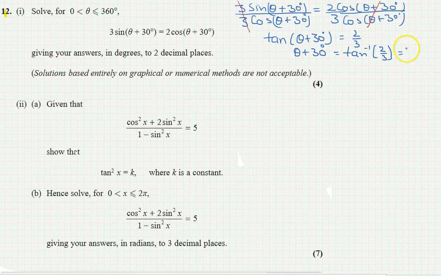So that is 33.69, going up to 2 decimal places. So theta will be 33.69.